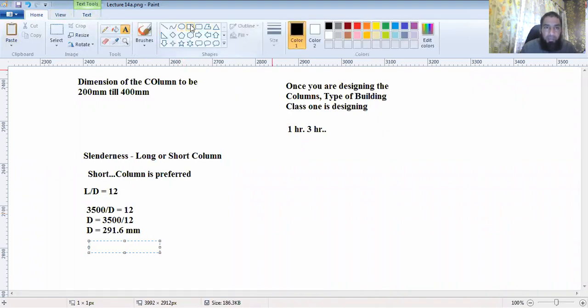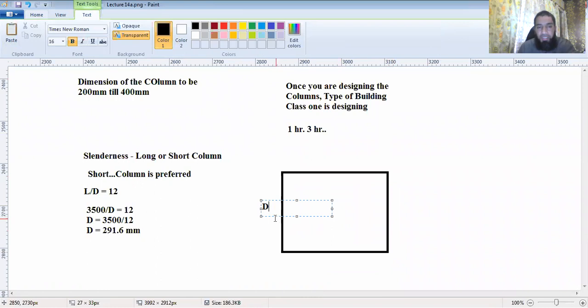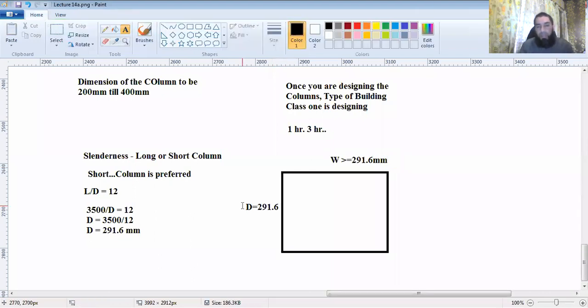If this is D, it's 291.6. The other side, this is a minimum dimension. The other side, this width has to be at least or greater than 291.6 mm. Then if it's greater than 291.6 and this is 291.6, it would become a rectangular column.